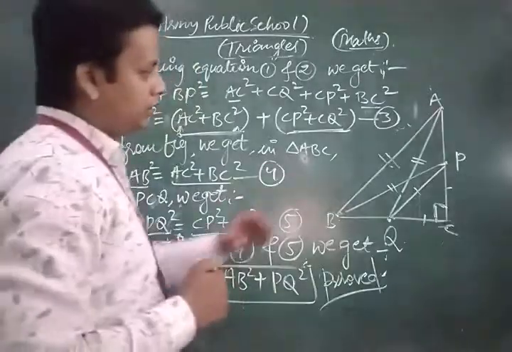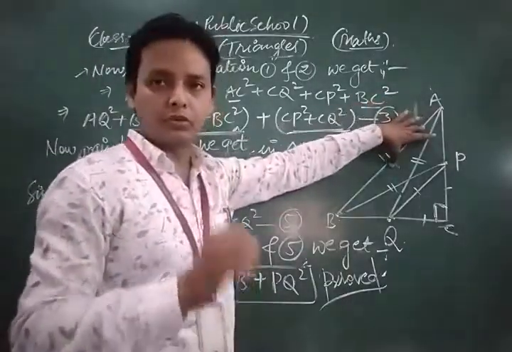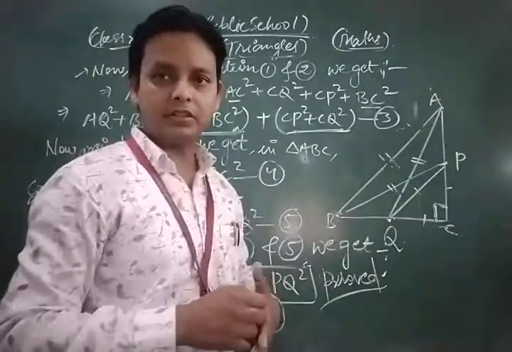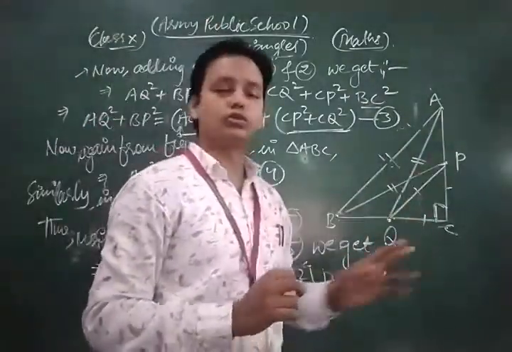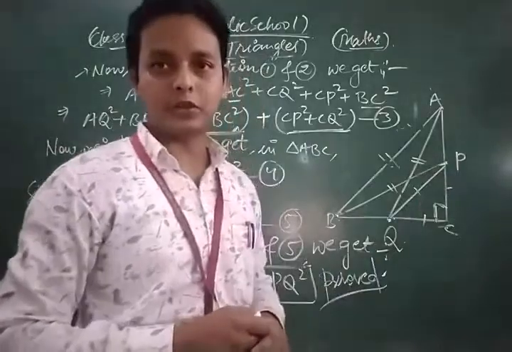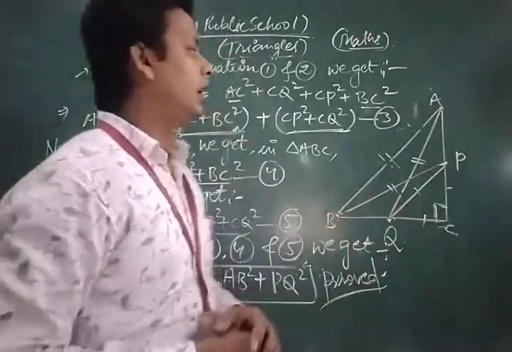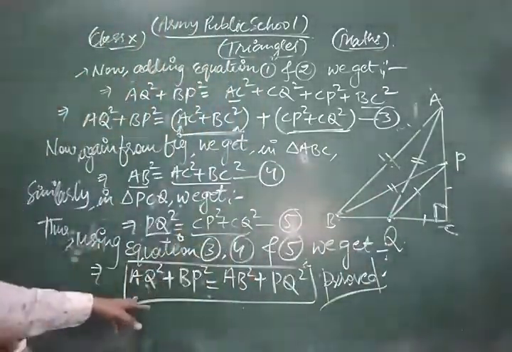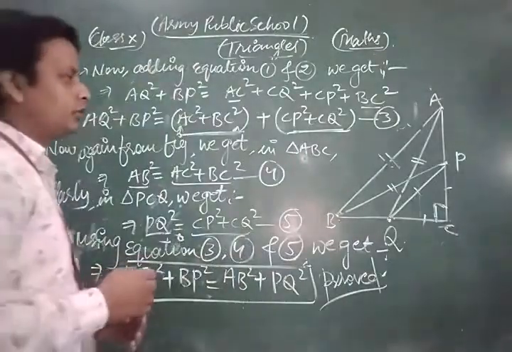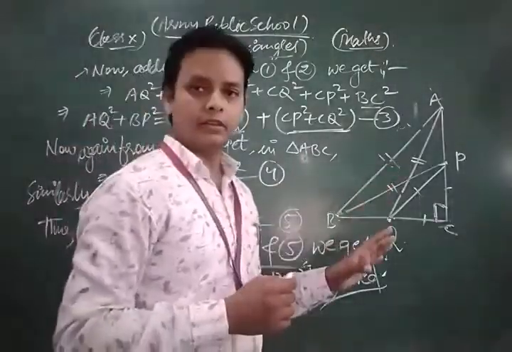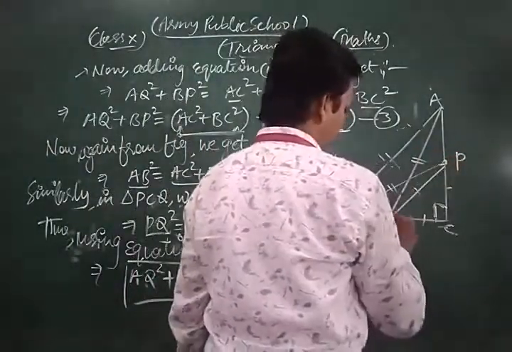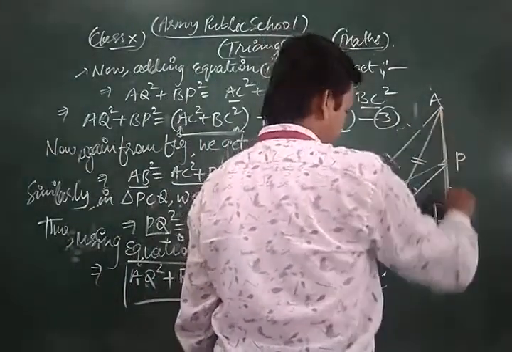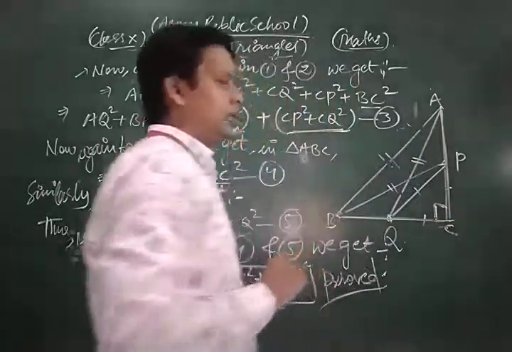First of all, we have a triangle ABC, and P and Q are 2 points on the sides AC and BC respectively, and we have to show that AQ square plus BP square. So first we draw a triangle and take P and Q on the sides AC and BC respectively.